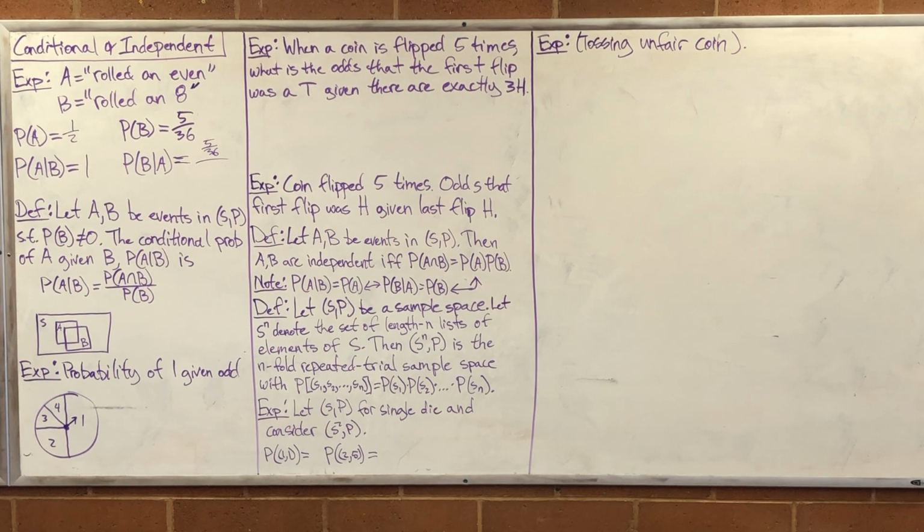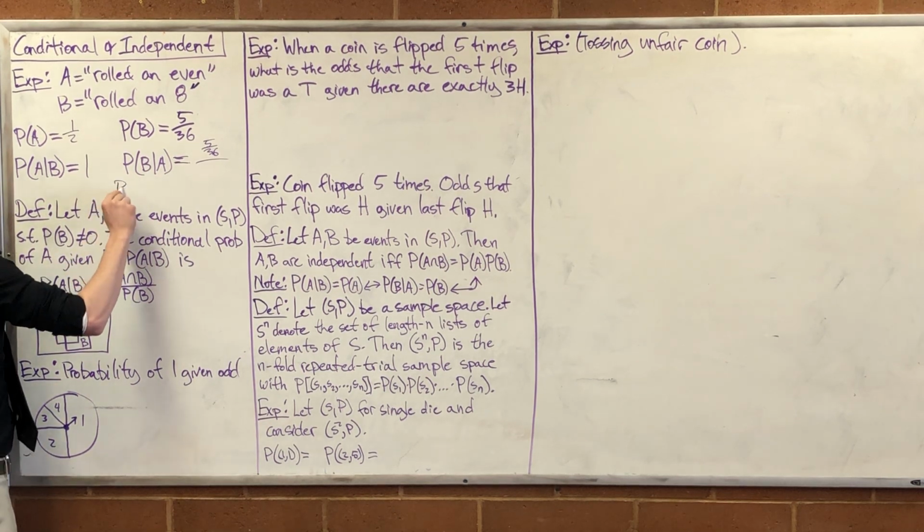That's the probability that I rolled an 8 and an even. Good. Keep calling me on that. 8 is even, so it didn't change anything. So in other words, B and B intersect A are the same thing.